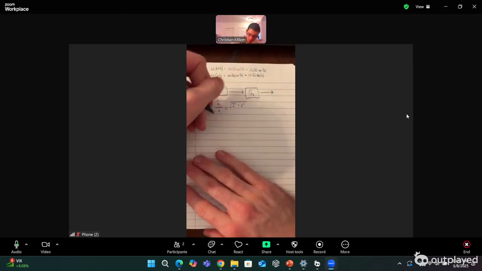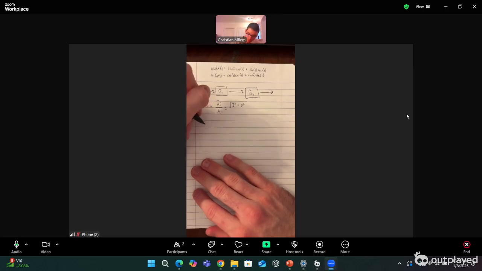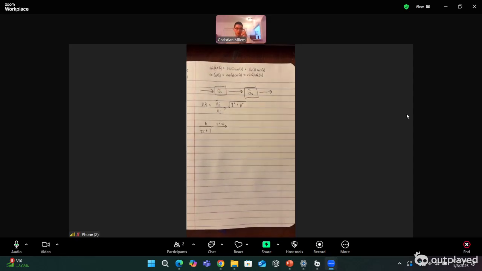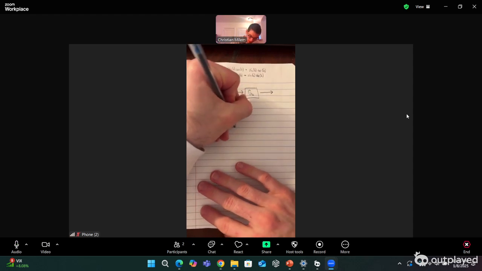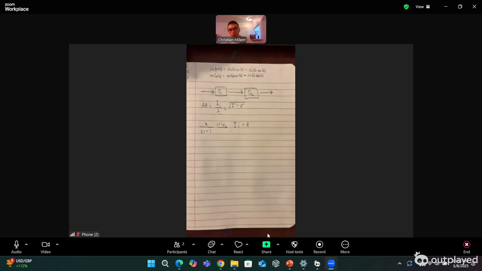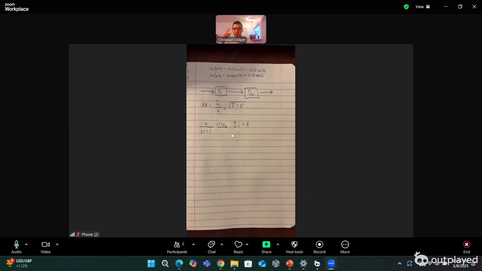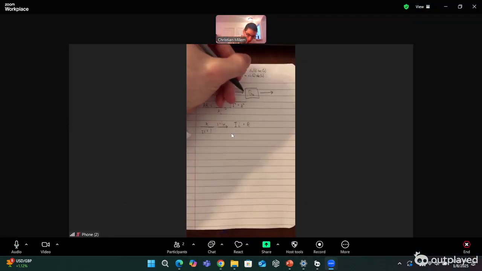And where the real and imaginary part come from, that comes from when you evaluate the typical first order transfer function, S equals I omega. And then you eventually get the imaginary part and the real part to that equation. Let me double check the problem statement one more time. Okay, so yeah, just basically any two transfer functions.